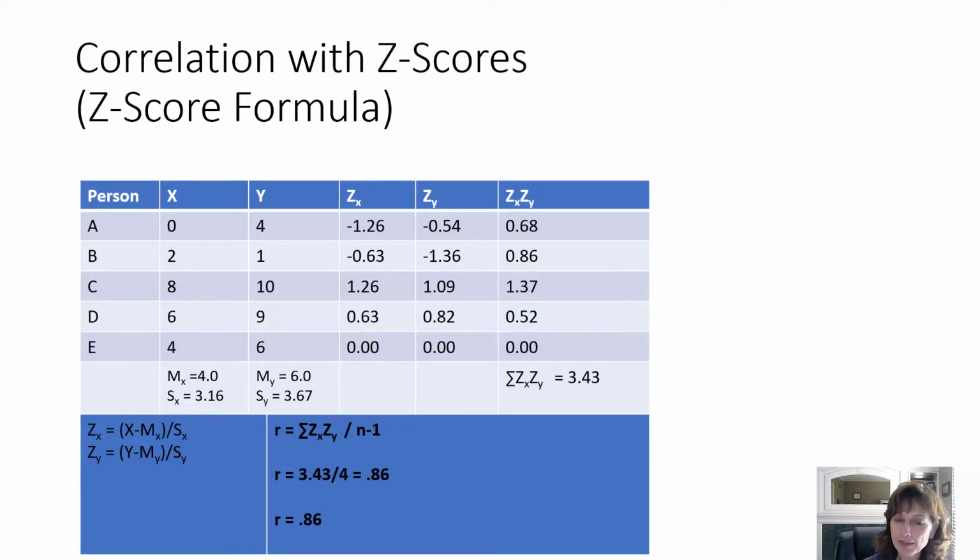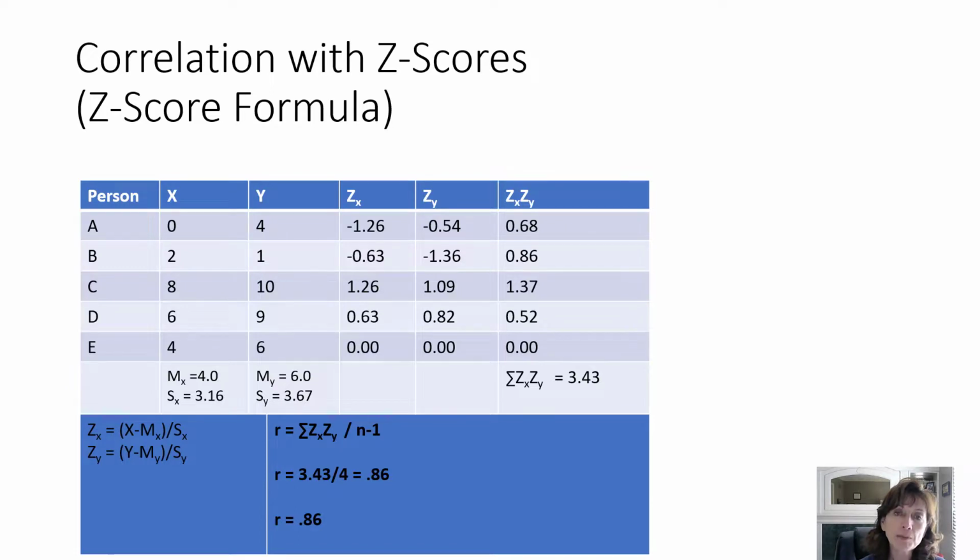I can plug that right into my z-score formula for r. If you remember, my n is 5. I have 5 participants here. 5 minus 1 is 4. So I'm taking 3.43 and dividing by 4, and that gives me 0.86. So notice we got the same number, right? We got this exact same value using the z-score formula versus the raw score formula.